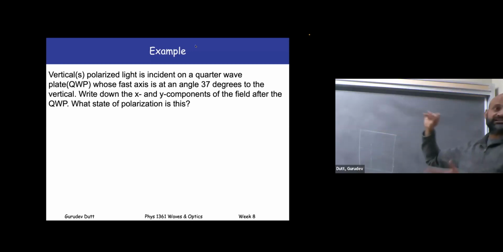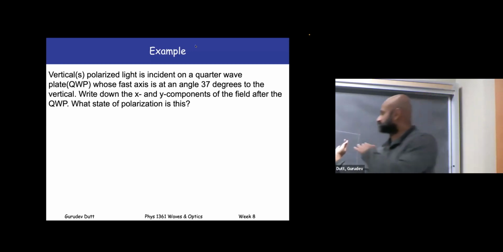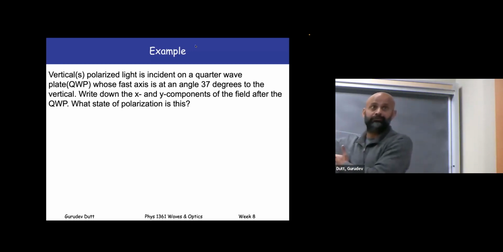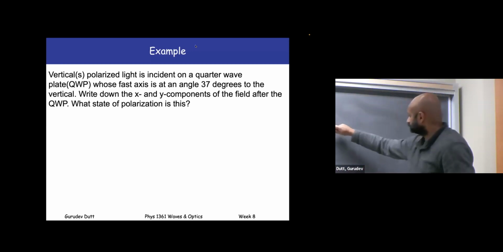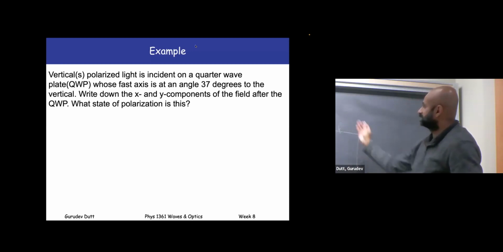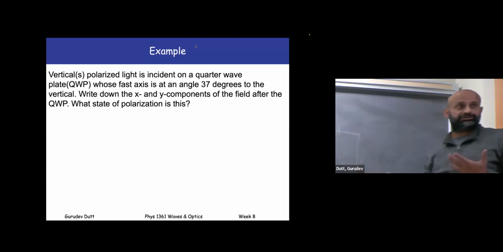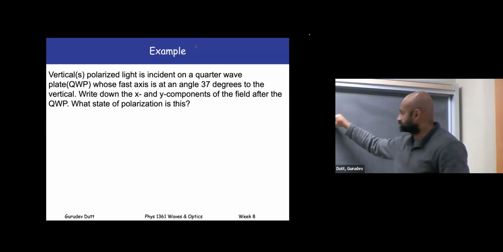Of course, there's a symmetry between those two situations. So you can argue that if I just rotated everything to the left, up to that situation where this was the fast axis, this was the slow axis, then I'd have to rotate the vertically polarized light by the same amount to preserve the relative orientation.